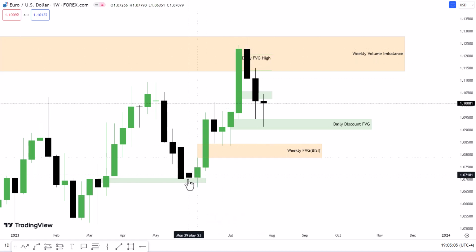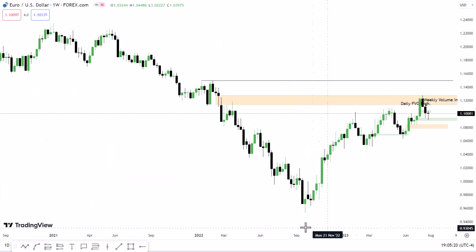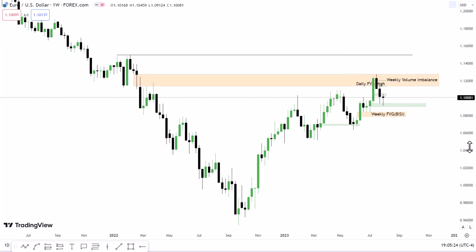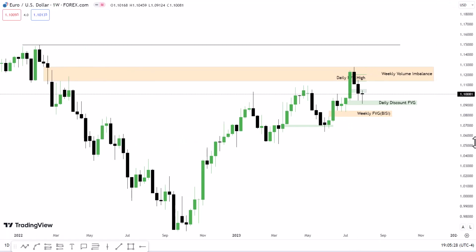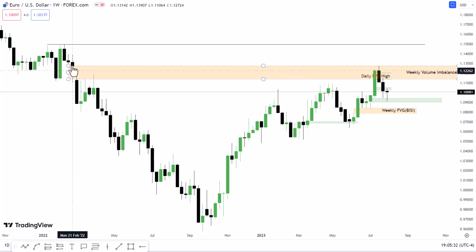Well, good. Now previously we came, let me bring your attention to this one. In the previous weeks, I showed my students this price action in the private mentorship about this weekly volume imbalance.